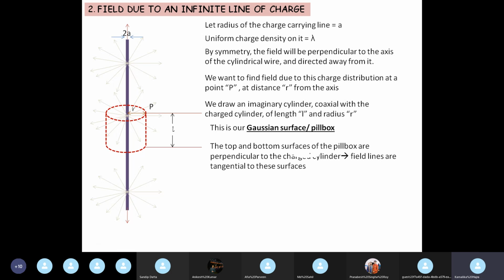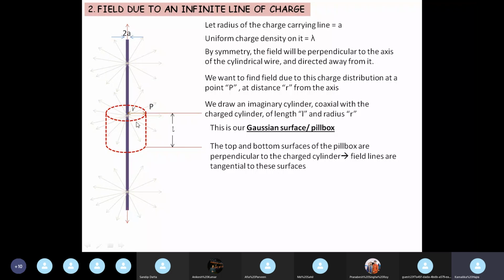Now you can see that the top and bottom surfaces of the pillbox are perpendicular to the axis of the charged cylinder. This is the axis of the cylinder and these surfaces are perpendicular.